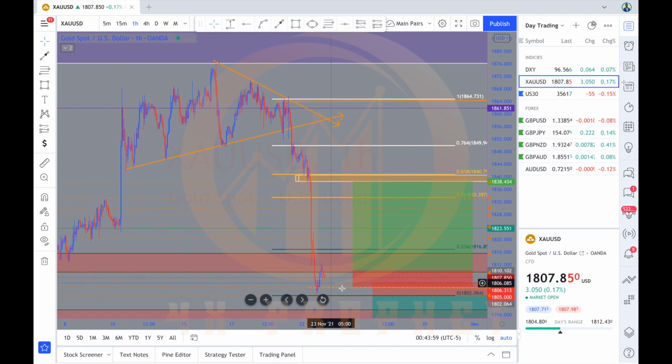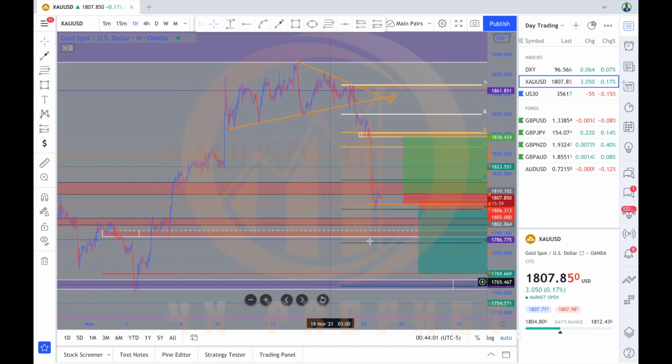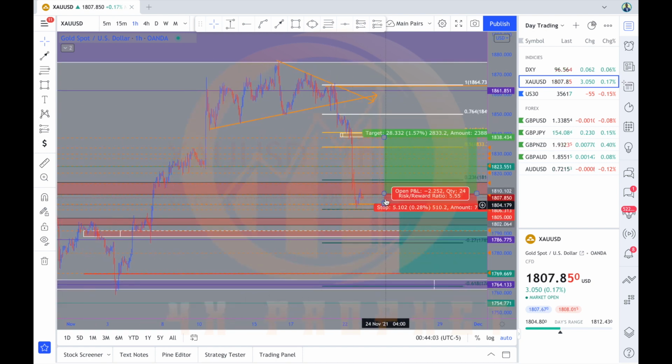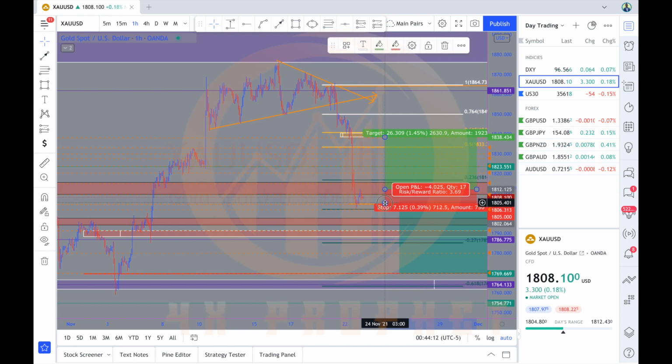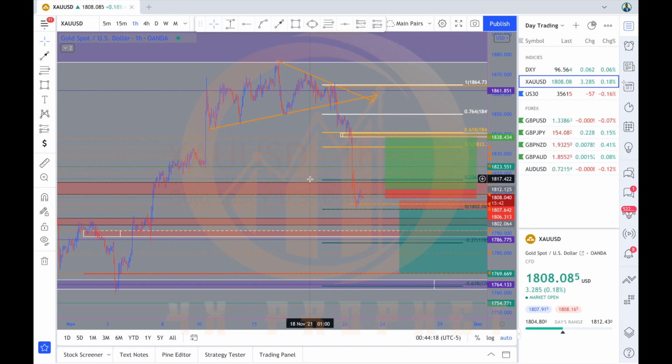But what I'm going to do right now is just send this bullish order out. Let's just move this up above here, my bad. 1812, let's just get it directly on 1812. Bring this up to 1807, my bad, to 1808, because of a lot of leverage, a lot of size people use. And yeah, this is honestly what I'm looking at.